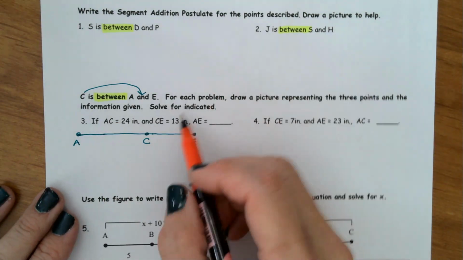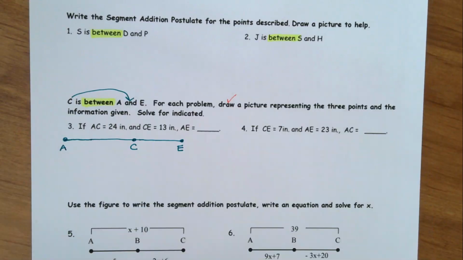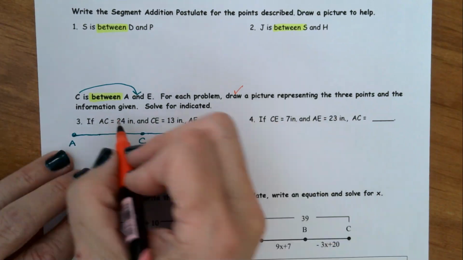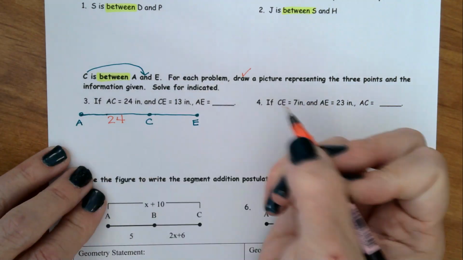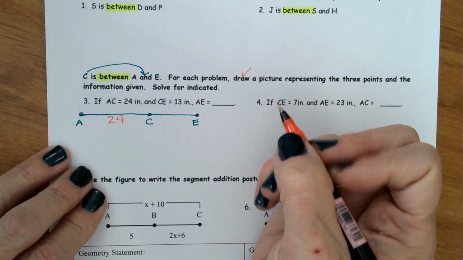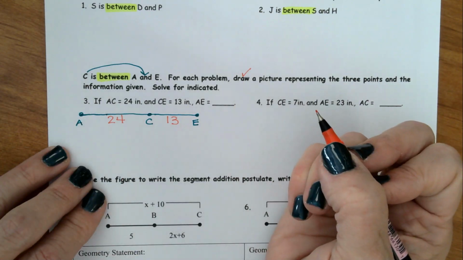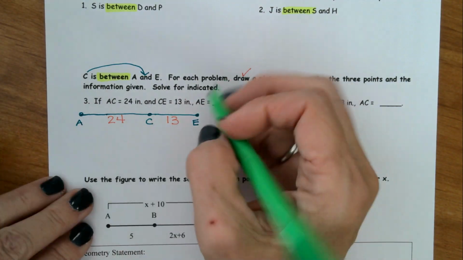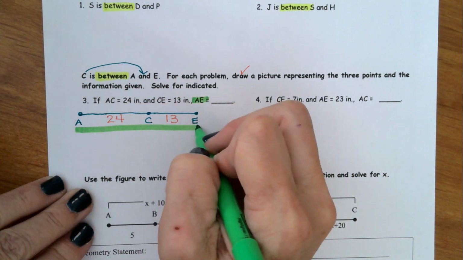And then look at the information. So for each problem, draw a picture. Did I just do that? Yes. And the information given. So I have to put this stuff on here. AC is 24, so I have to put 24 here. I have to put CE right here. What is it asking me to find? It's asking me to find AE, so I have to find all of this.